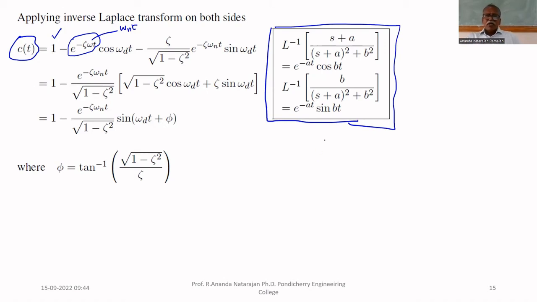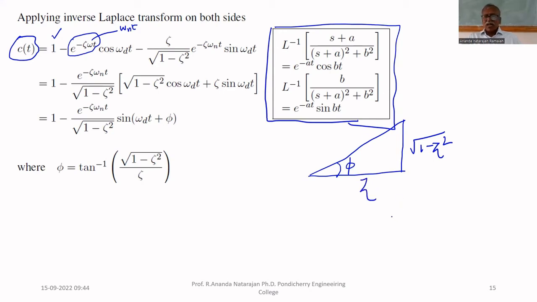Now we know that we'll take a triangle. Here the angle is phi. The length of this side is square root of 1 minus zeta square, and this side is zeta. So what is the hypotenuse?